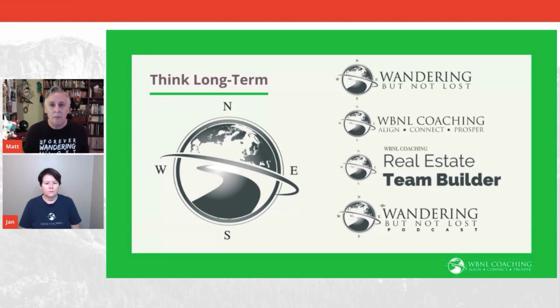WBNL Coaching, our premier program, Real Estate Team Builder, has the globe on it. Our podcast, the Wandering But Not Lost podcast, also is branded with the globe. So everywhere you see that globe is some division or some course that's connected back to WBNL or Wandering But Not Lost Enterprises. So it is the constant between all of our different business ventures.